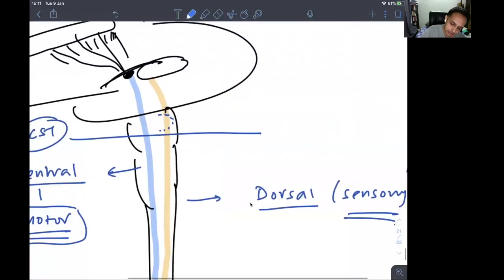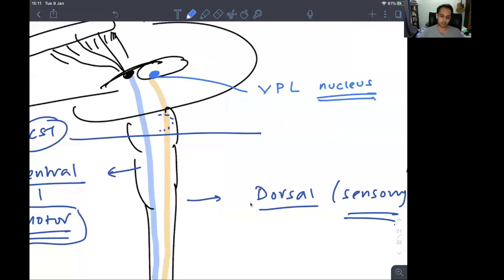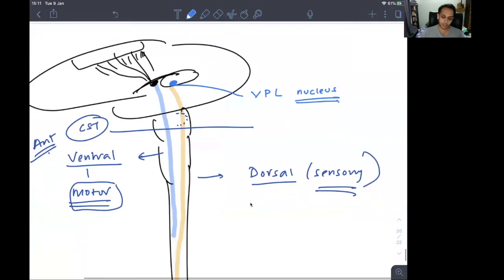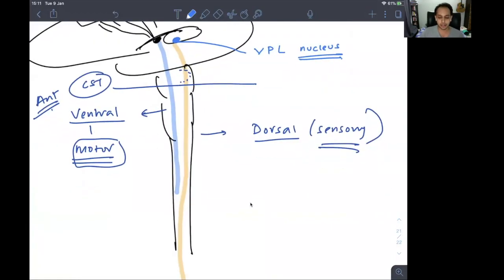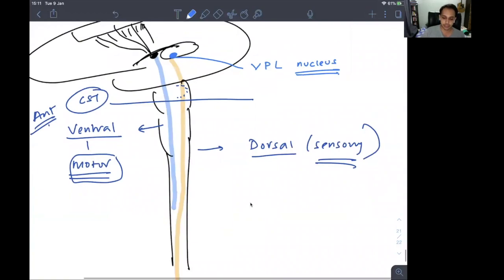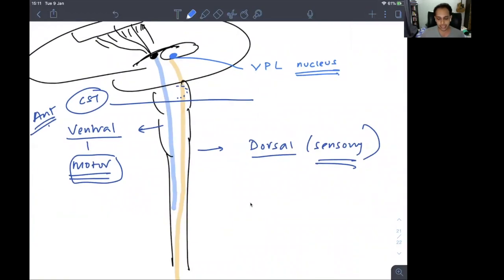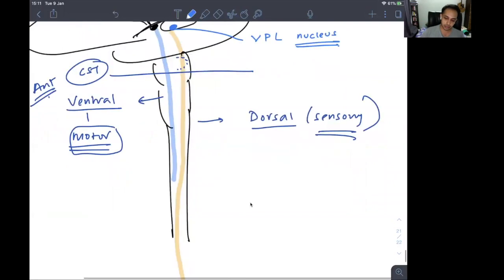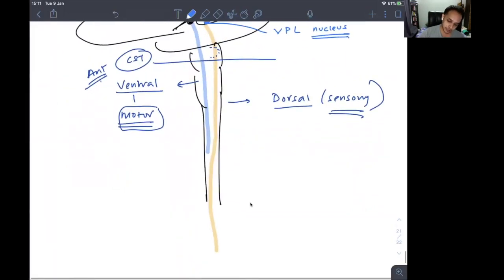There is a nucleus in the thalamus known as ventro-posterolateral nucleus. So the spinothalamic tract ends up in the ventral posterolateral nucleus of the thalamus. We won't discuss thalamus in detail today, but just remember VPL is where the spinothalamic tract ends up.